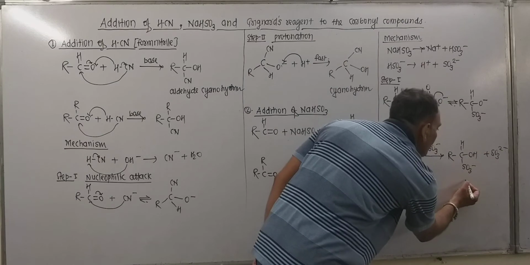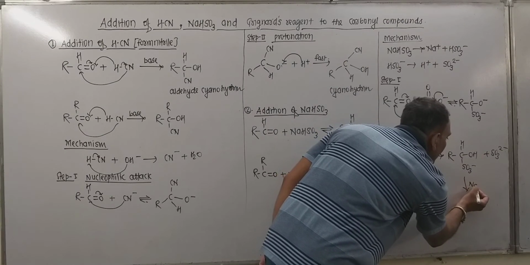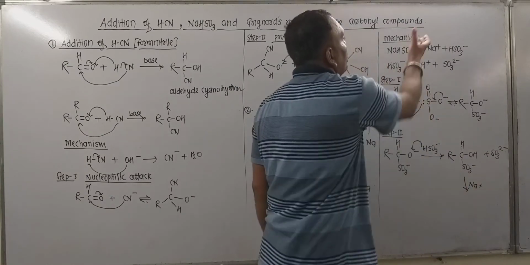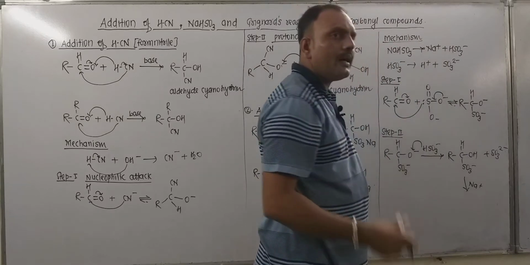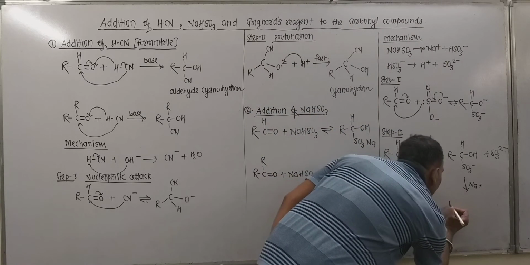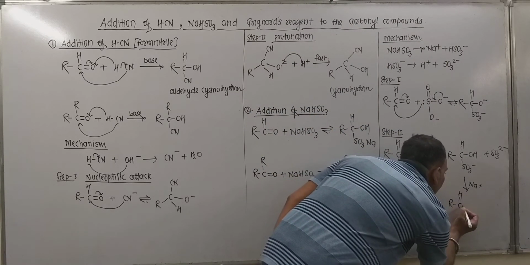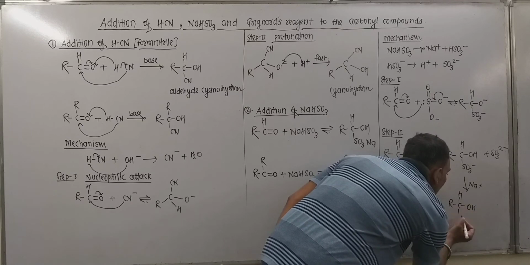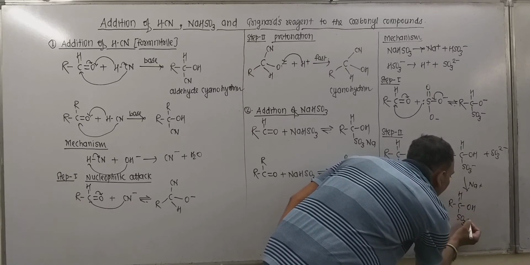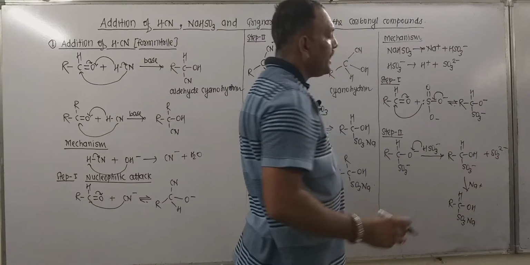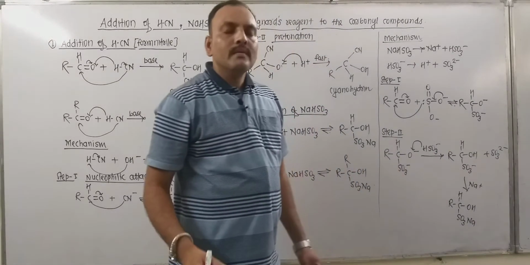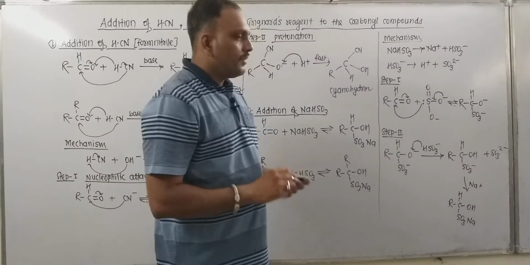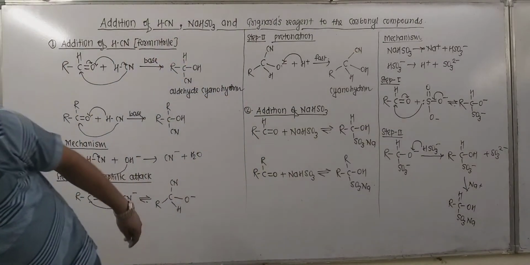Now this species may combine with Na plus, which got released earlier, and that leads to the formation of solid sodium bisulfite addition product of aldehyde, which happens to be a crystalline derivative. In this way the reaction may take place.